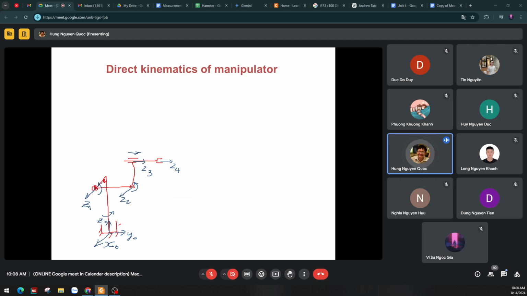You remember this one can be longer. Is X1 here, or X1 here? The first case or the second case? Can you answer me? X1 is at the point of rotation. No, X1 should be here.